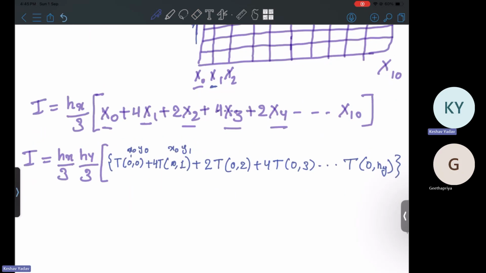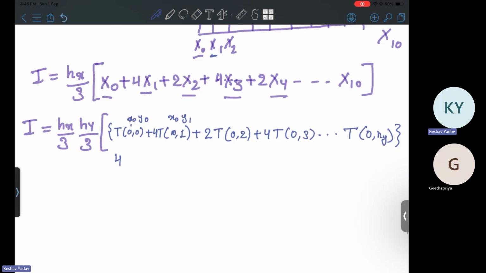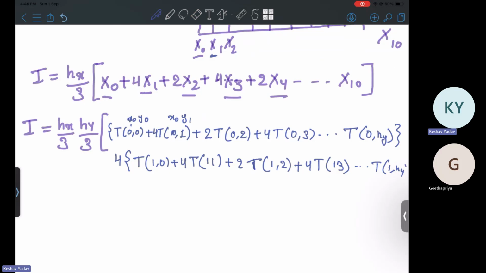Now if I want to write this x1, this x1 will be 4 times t, now 0 will be replaced by 1: t1,0 plus 4 times t1,1 plus 2 times t1,2 plus 4 times t1,3 plus t1,ny. Okay.